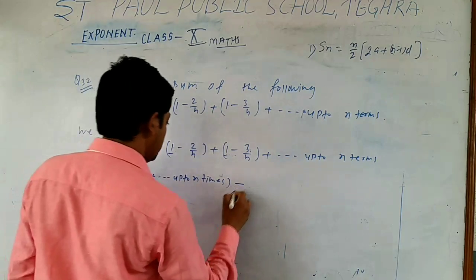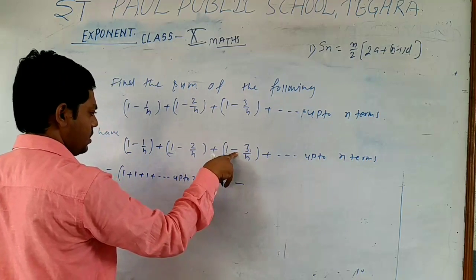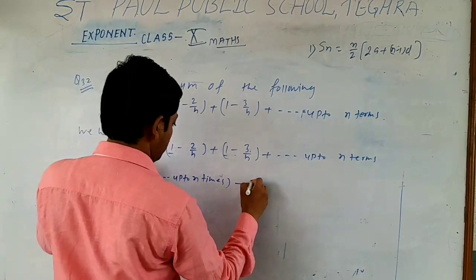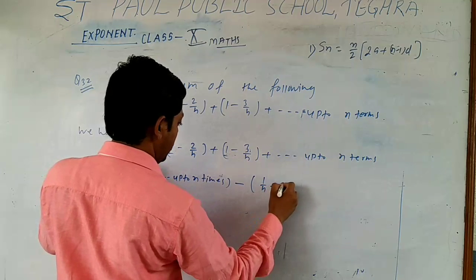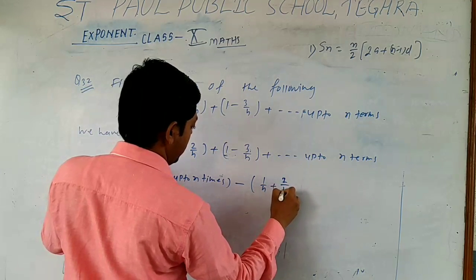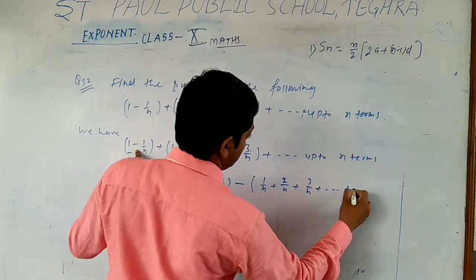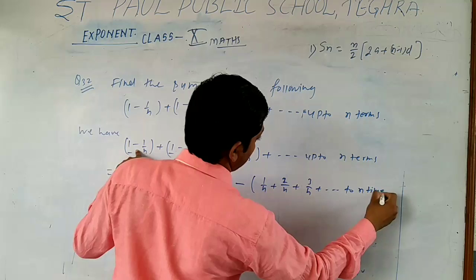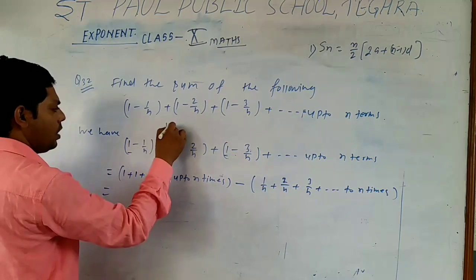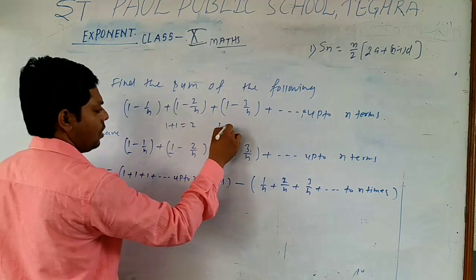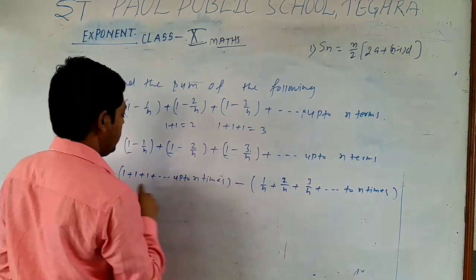And by taking the common minus from each bracket, this becomes 1 by n plus 2 by n plus 3 by n plus so on up to n terms. Here, if we add 1 plus 1, this becomes 2. If we add 1 three times, this becomes 3.